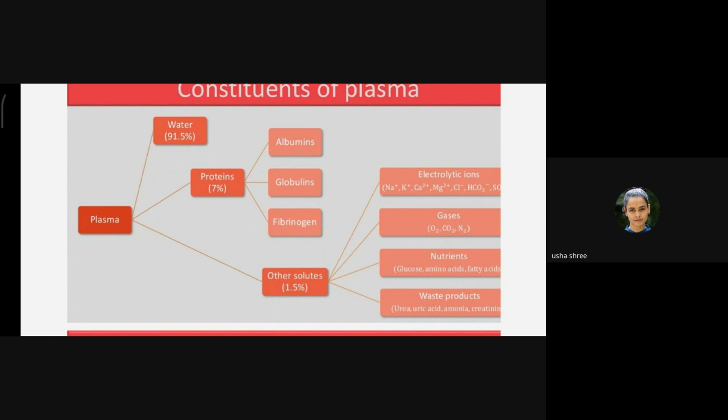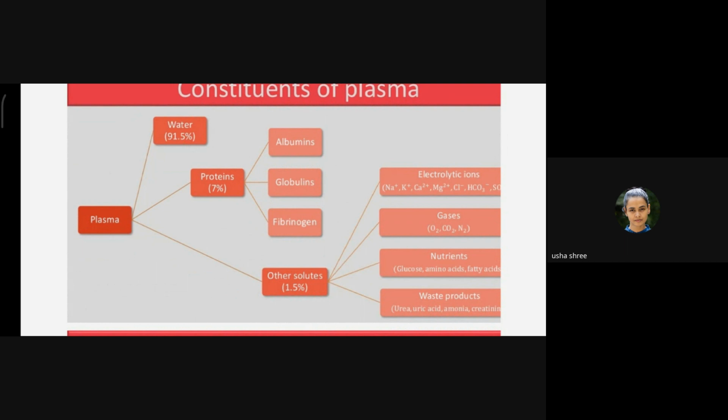And the waste materials created by each and every cell should be excreted out from the body. And how will they be excreted, or how will they come to the proper place for excretion? What is the medium? It is blood only.